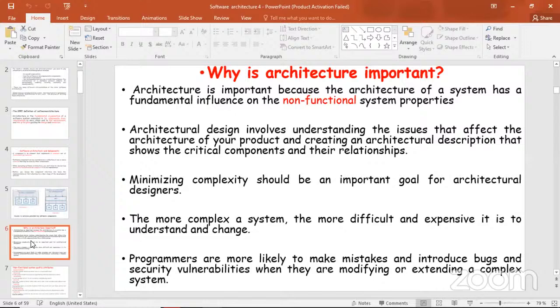So, as a software engineer and as an architectural designer, you should minimize complexity as much as possible. The more complex a system, the more difficult and expensive it is to understand and change. So programmers are more likely to make mistakes and introduce bugs and security vulnerability when they are modifying or extending a complex system.